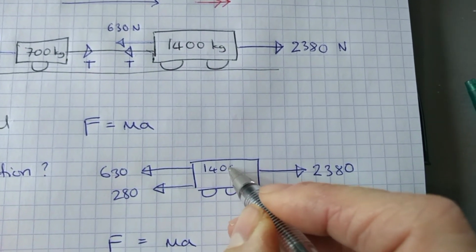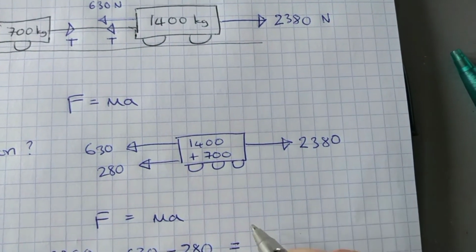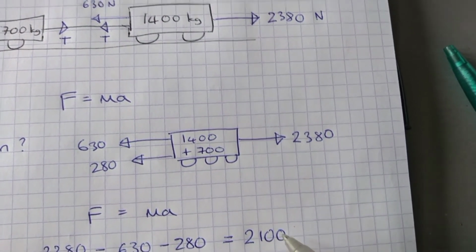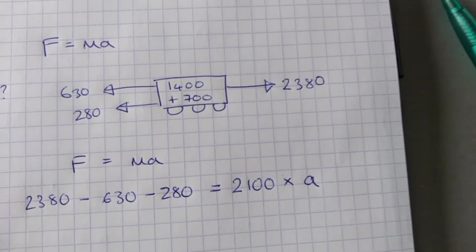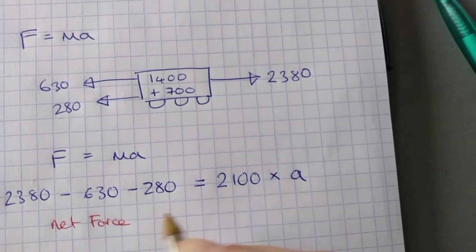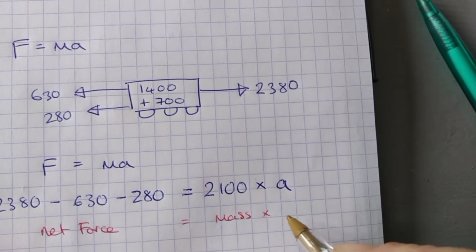So 1,400 plus 700, which makes 2,100 kilograms. That's my mass times my acceleration. So this is the net force or resultant force. That's the mass, and that's acceleration.